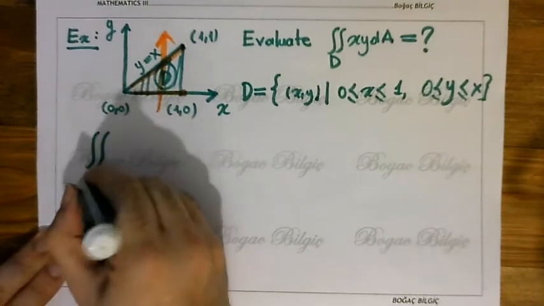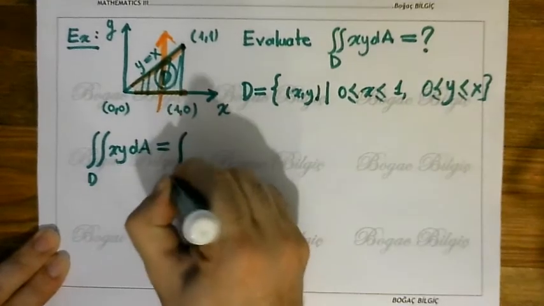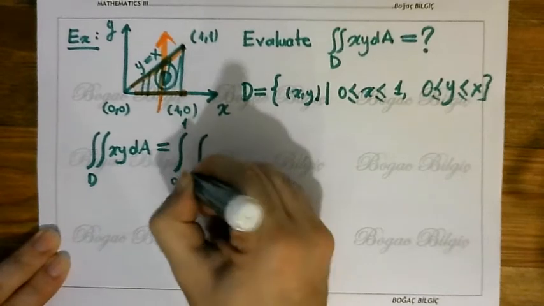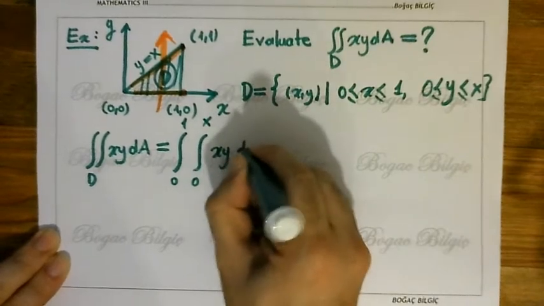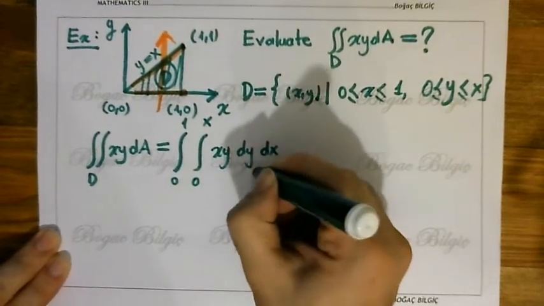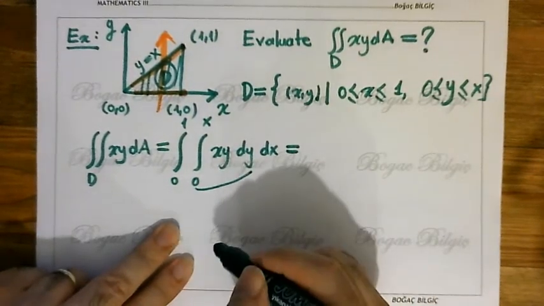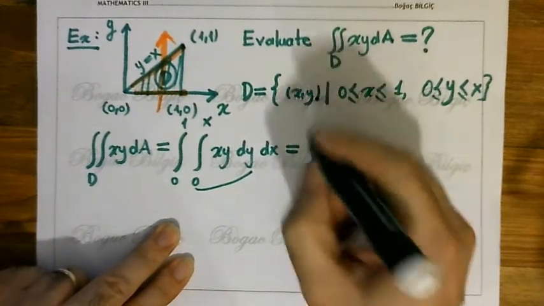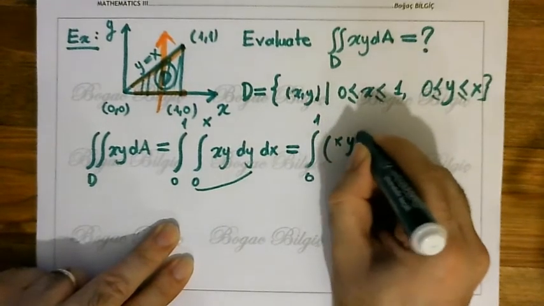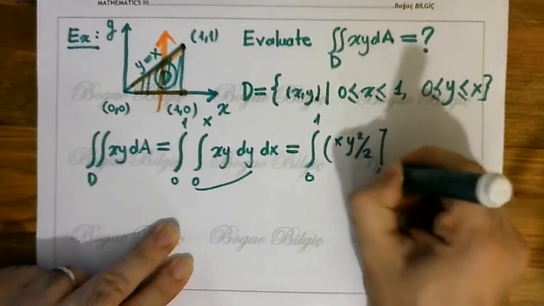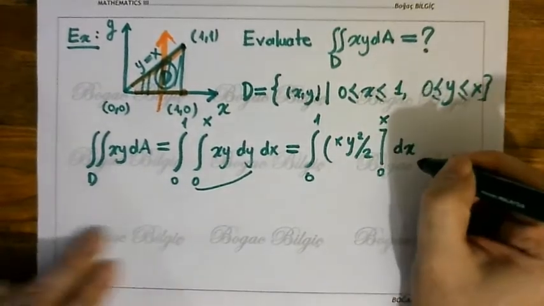Using Fubini's theorem for general regions, we obtain the double integral over D of xy dA is equal to the integral from 0 to 1, from 0 to x, of xy dy dx. First we calculate this integral. From 0 to 1, x y squared divided by 2, from 0 to x, dx.